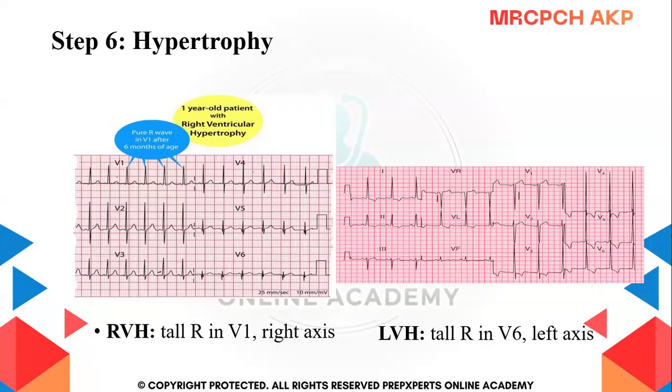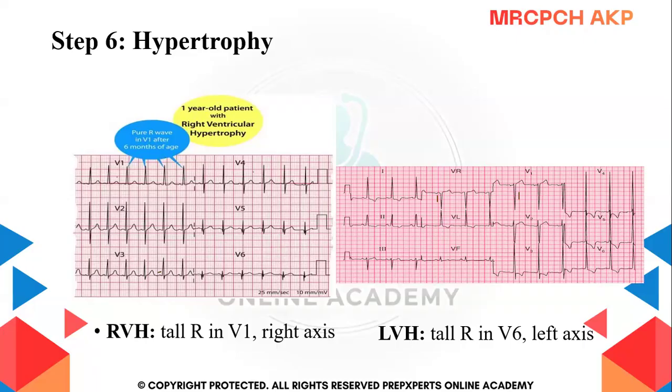Initially, in a normal ECG, you will see that in lead V1 there is a small R wave, and it is initially a condition between positive and negative deflection. I'll show you a normal ECG in the next class so that you can get a better idea of how it looks in a normal ECG.